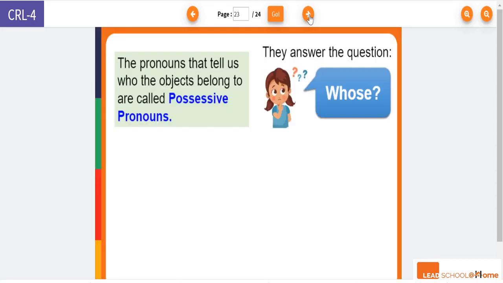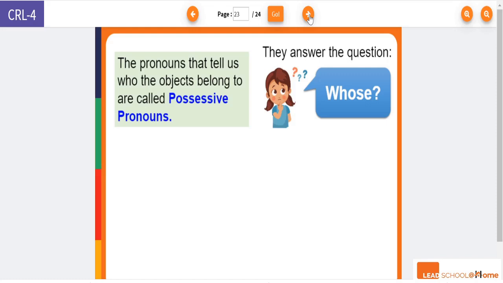The pronoun that tells us who the objects belong to is called a possessive pronoun. They answer the question whose. So whenever you answer a question starting with whose: whose house is this? The house is his. Whose motorbike is this? The motorbike is hers. Whose bag is this? The bag is theirs. Whose pen is this? The pen is hers, right?